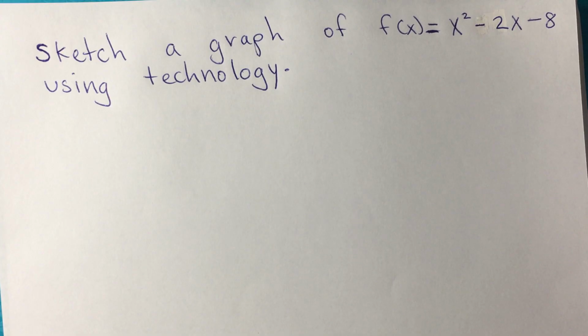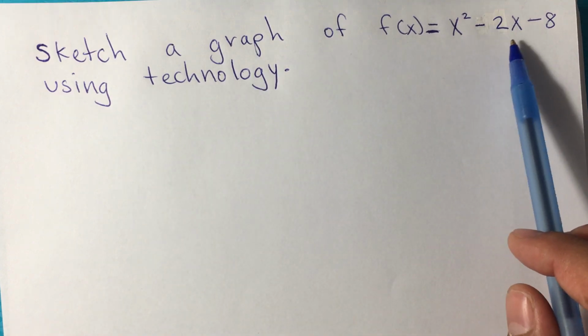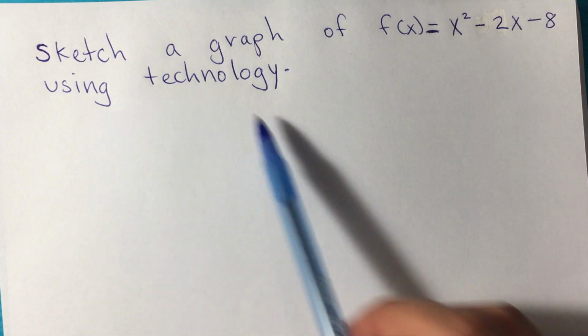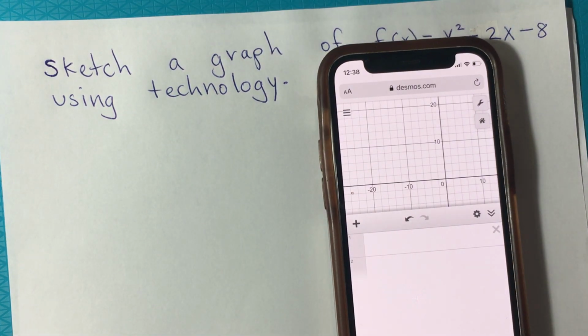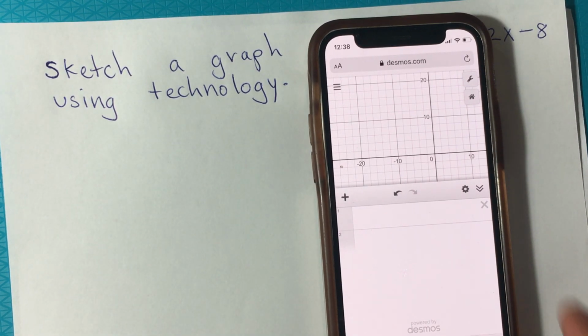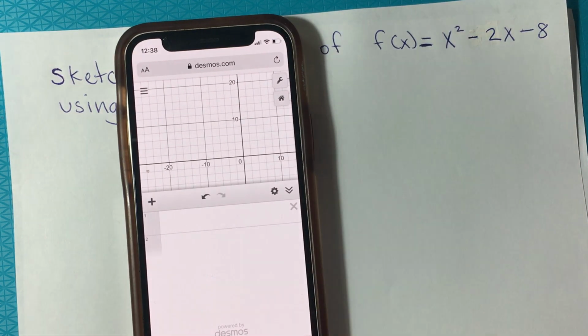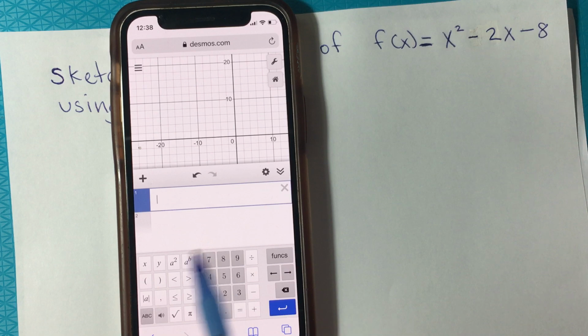Before we start applying the average rate of change formula, it says sketch a graph of f of x equals x squared minus 2x minus 8 using technology. And so we're going to go to Desmos.com. I noticed that in the last video I didn't really let you see, so I'm going to make sure that I let you see what buttons I'm pressing.